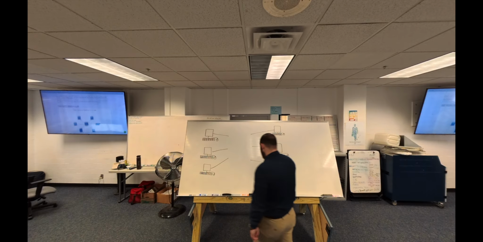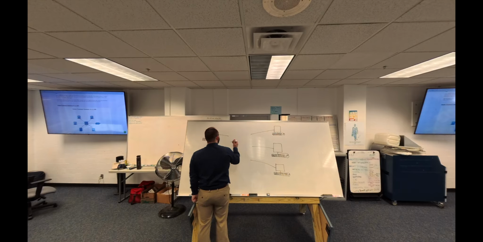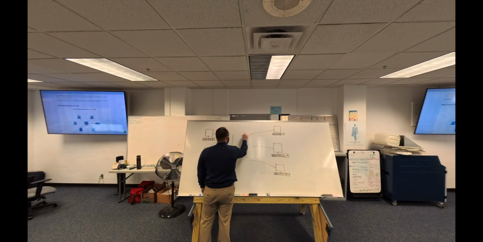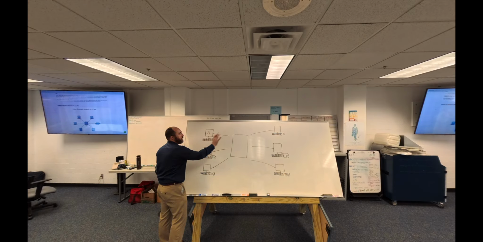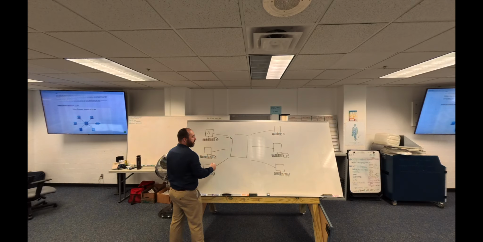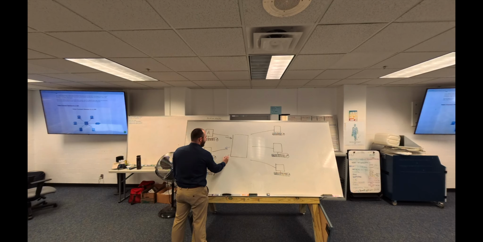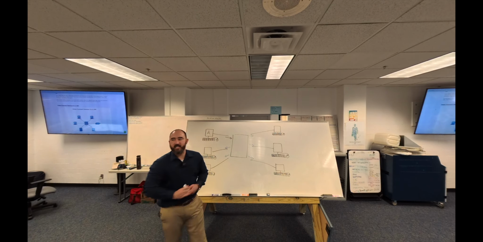All right, a hub. A hub is also a layer 1 device that just repeats the signal everywhere that it sent it to. So let's say PC A sends a message to any of these other devices. It comes in to the hub and it just sends it out every other port. It doesn't know, it doesn't care, it just sends it to everybody.